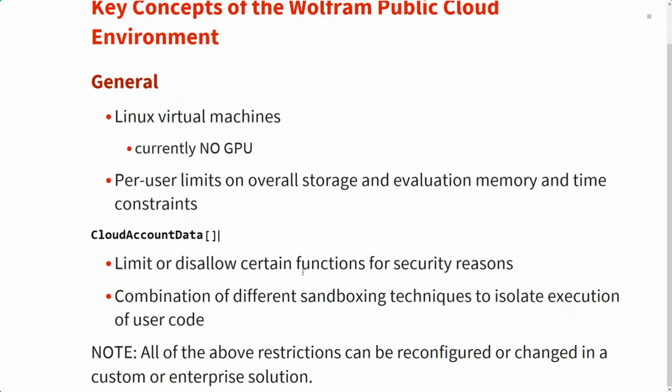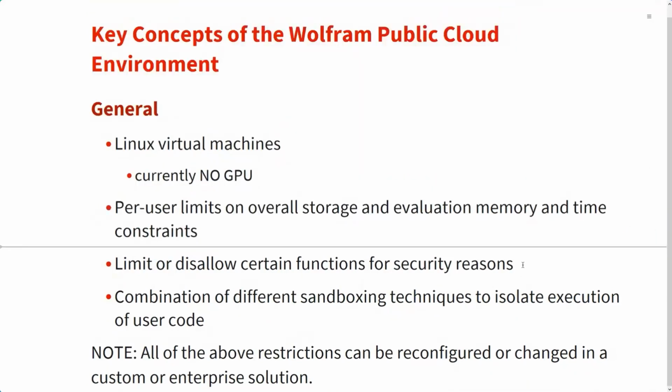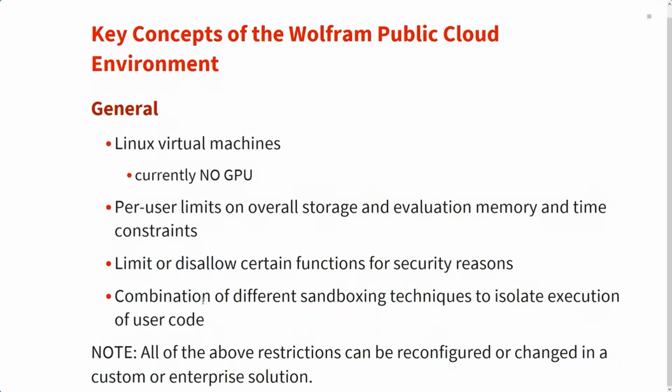As I mentioned earlier, we limit or disallow certain functions for security reasons. Primarily, these are around, like I said, run process, which would allow you to run arbitrary commands or things like that that would be problematic to run in a shared space. And as I mentioned before, we have a combination of different sandboxing techniques to isolate execution of user code. That means when you run your code, it's not touching or looking at or able to reach other people's code. But even with those sandboxing techniques, we still disallow certain things.